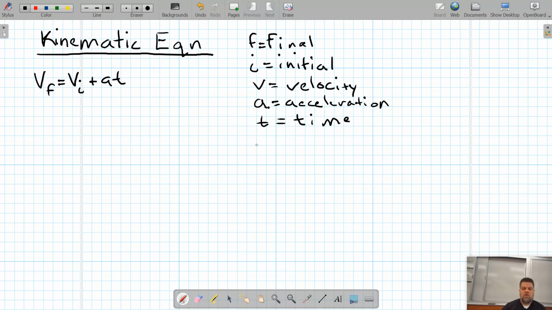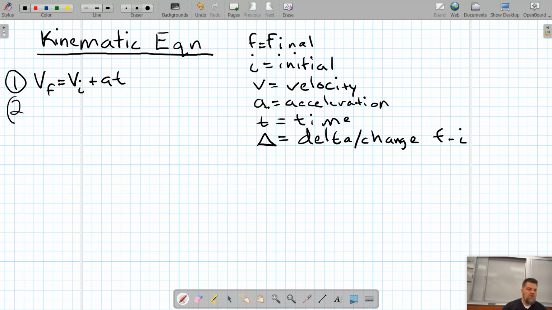And also remember that the Greek letter delta just means change. It's an incremental. And it usually means the final minus the initial. So this is one equation.